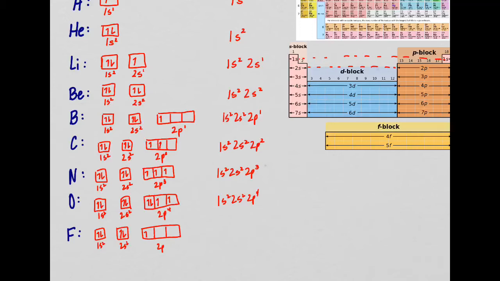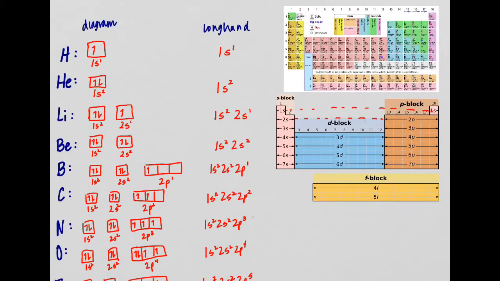So that's number 5, number 6, number 7, number 8, and number 9. So we have 5 electrons here. My configuration longhand is 1s2, 2s2, 2p5.